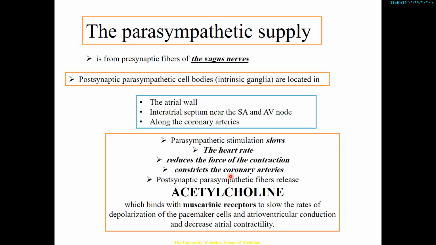Now, some of you would raise the question about the parasympathetic and the coronary arteries. Most arteries have only sympathetic with a local mechanism that dilates the arteries, and we already discussed that, and they don't need the parasympathetic to relax them.